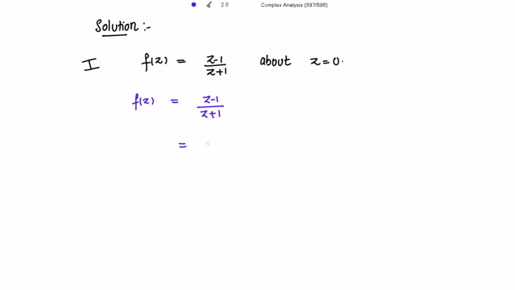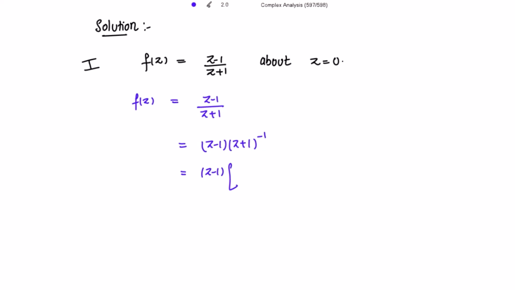Let me write this as (z - 1) and take the denominator to the numerator, because I always need something like (1 + z)^(-1) or (1 - z)^(-1), so that we can use the expansions for this. So I have here z + 1, so let's expand this.